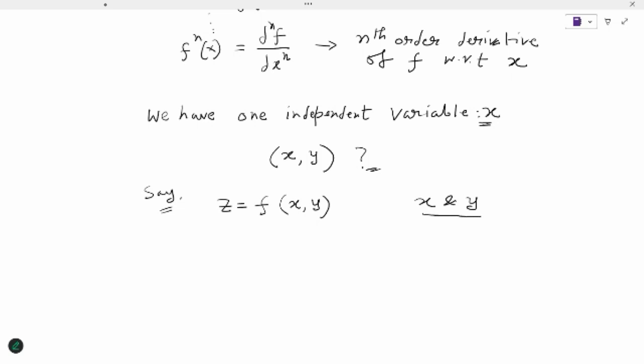Now if I increase x to x plus dx and y to y plus dy, then what happens to z?